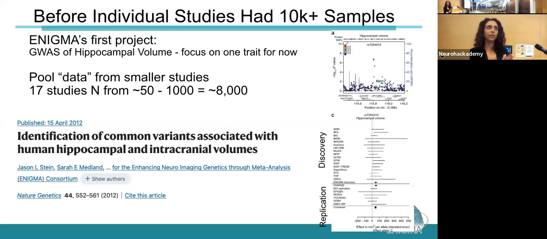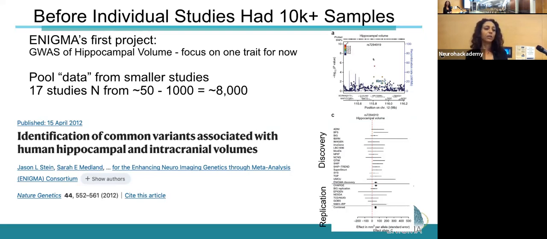So in our very first genome-wide association of imaging traits, we looked at just a single trait, the hippocampal volume, and pooled data from over 17 independent studies. These were all studies that, for the most part, hadn't really talked to each other before. They were independent PIs from different parts of the world, and they had collected data to answer their specific hypotheses.